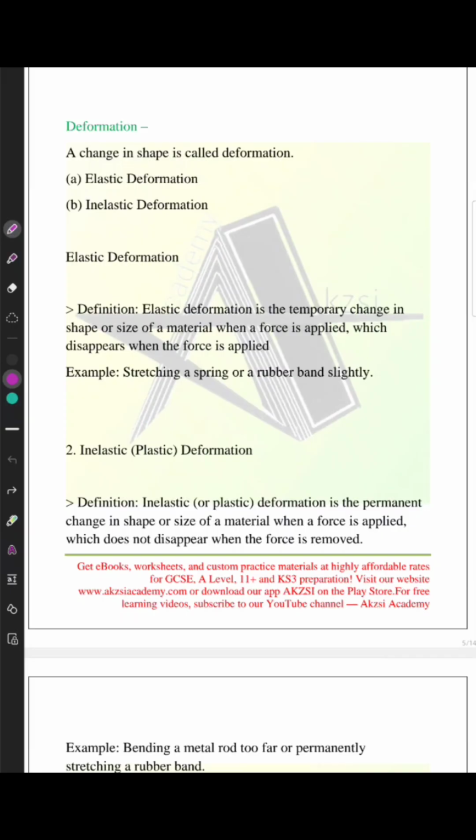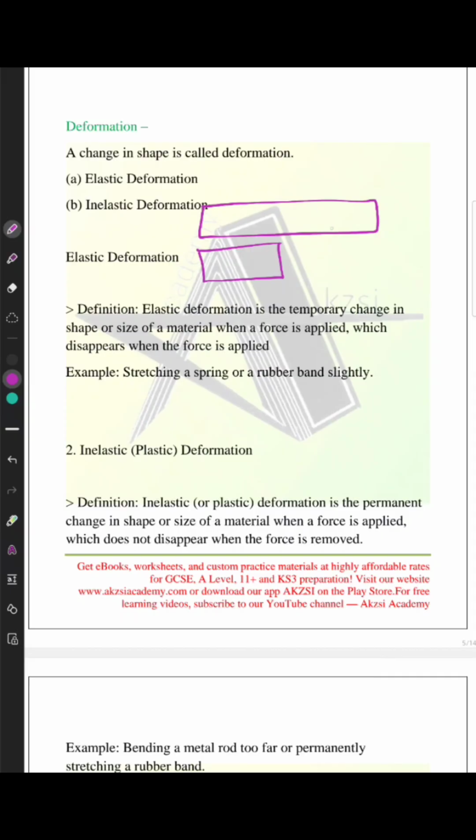So let me see what elastic deformation is. In elastic deformation, there is a temporary change. For example, if you are stretching something and then you release the force. Suppose this is an object and you have started pulling it, so it starts to extend like this. As long as you are applying the force, it keeps on extending. But when you release it, it comes back to its original position.